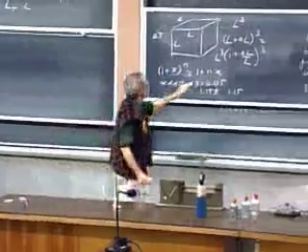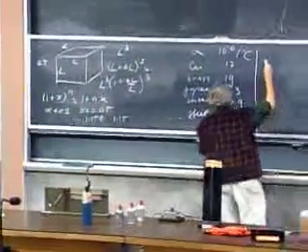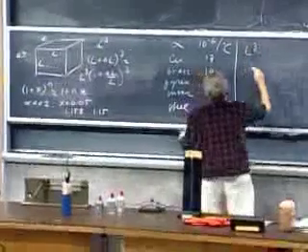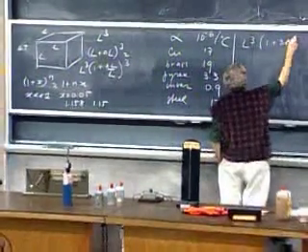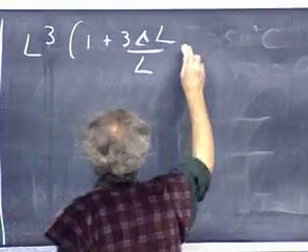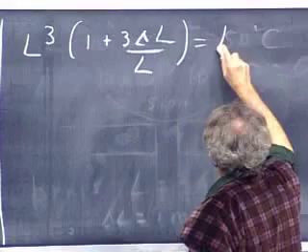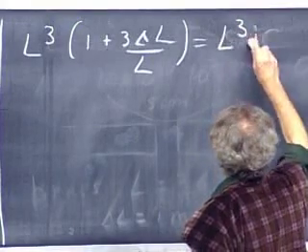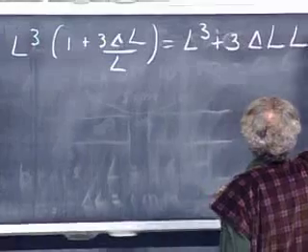So I will use the same approximation here. And so we're going to get L to the third times (1 plus 3 delta L divided by L). So that is L to the third plus 3 delta L, L squared.